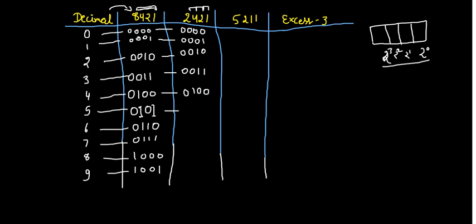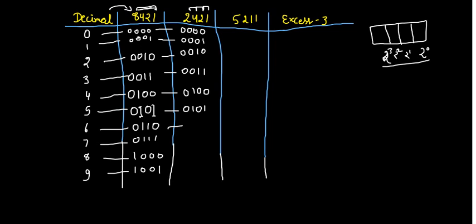Now we need to code 5. So to code 5, we need to write 0, 1, 0, 1. Now to code 6, well, here the thing starts changing. You have two options for this.